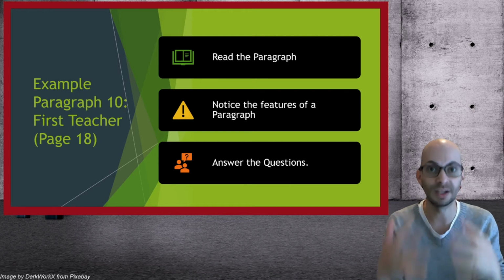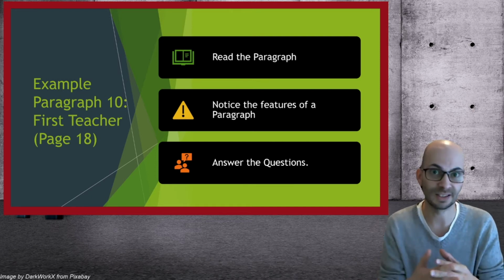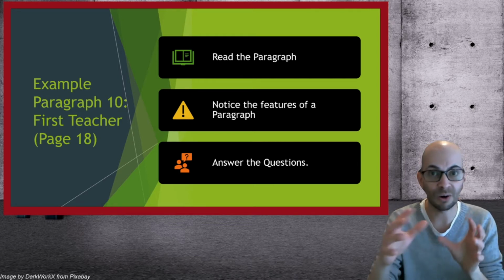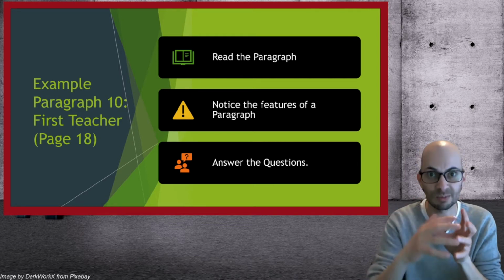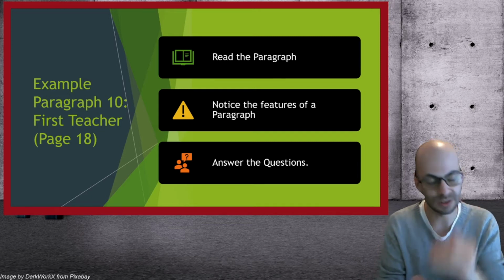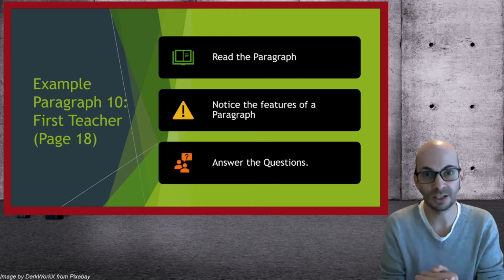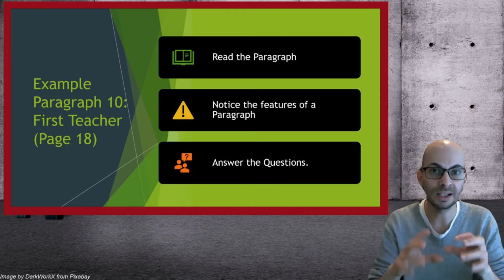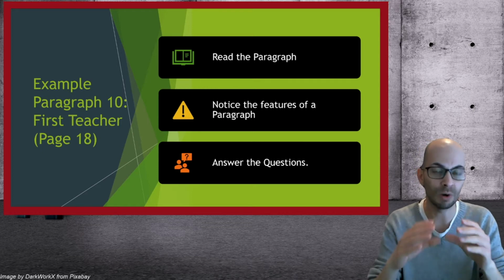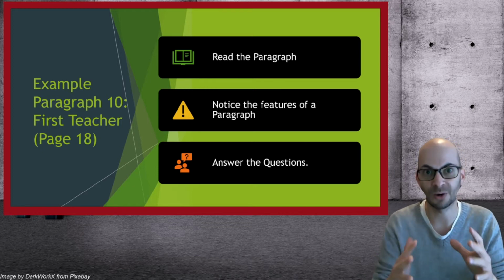Yes. Is there a topic sentence? You can identify that and underline it. Are all the sentences on the same topic? So even though it might feel like you're just doing the same thing over and over again, what you're actually doing is building your skill to identify what creates a great paragraph.